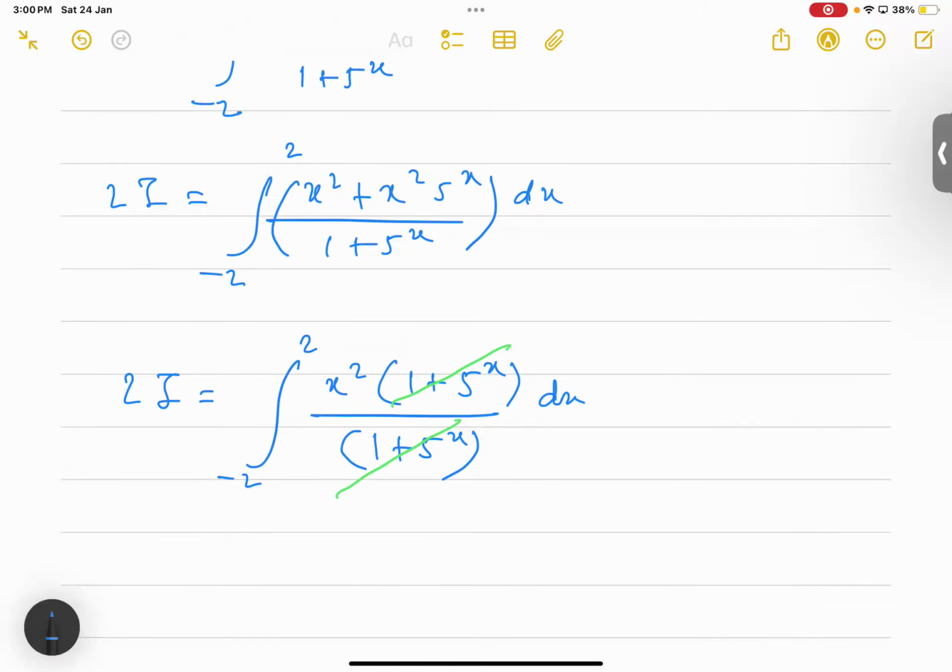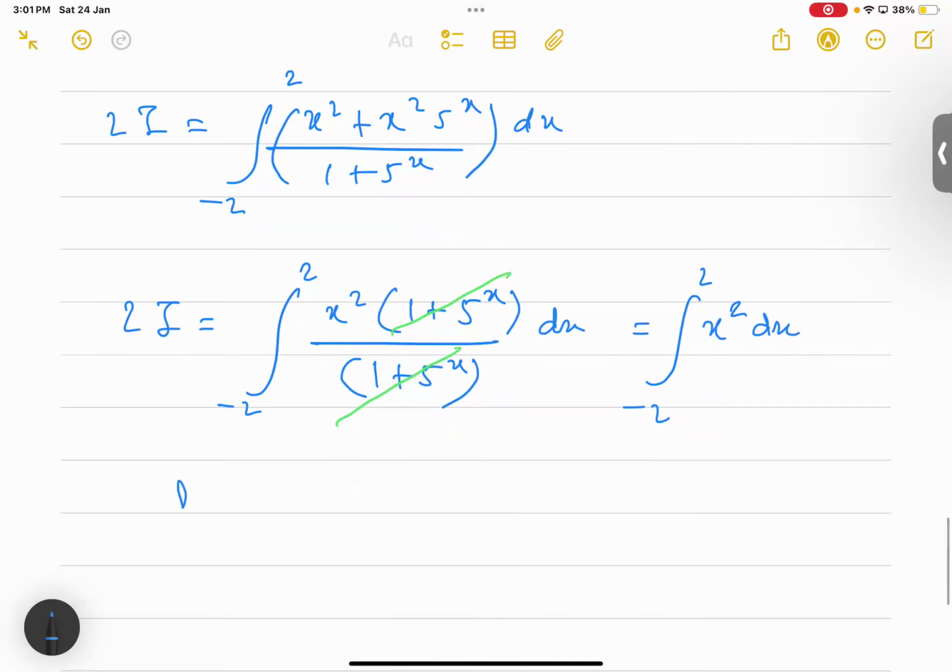Otherwise, if you want, you can also apply even-odd over here. I'll explain how even-odd works over here. I said you can directly do it, but some people wanted to know certain things about even-odd, so let's do even-odd.